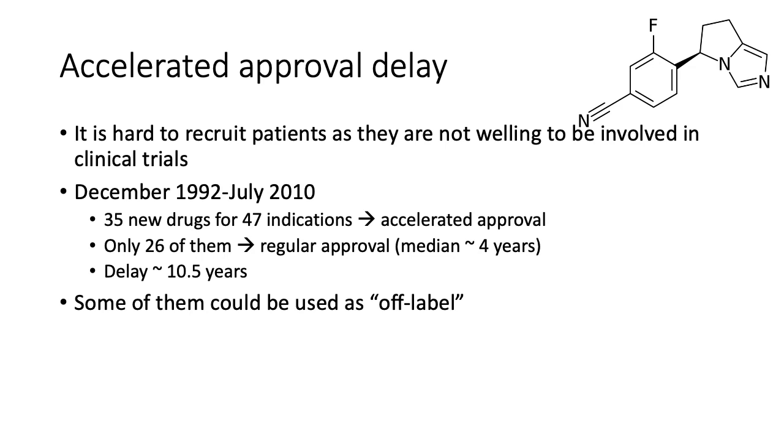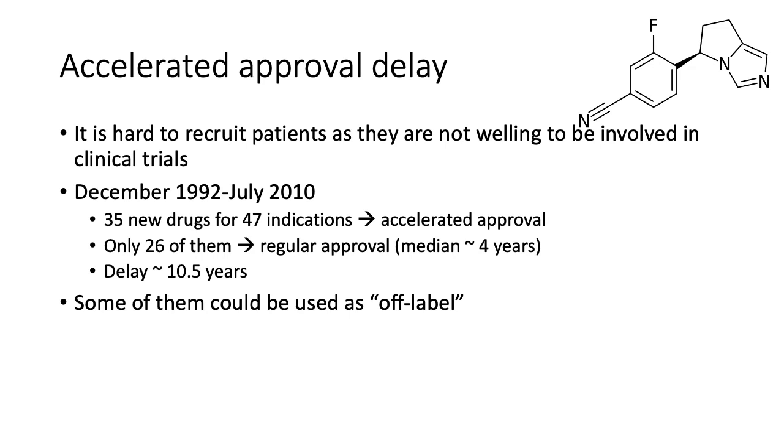For the drugs that have received accelerated approval in the period from December 1992 till July 2010, we had 35 new drugs for 47 indications that have been approved or received accelerated approval status. Only 26 of them were converted to a regular approval status.